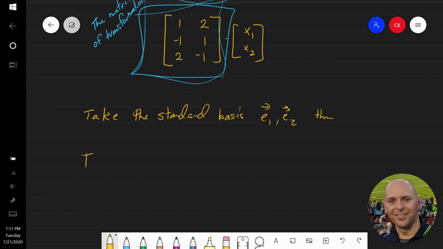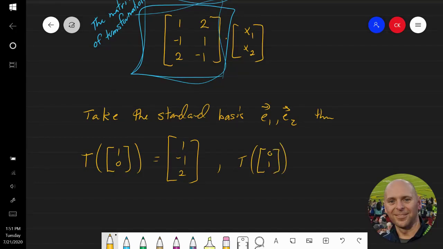Then here's what we get. T of 1, 0 is equal to, if we run it through, 1, minus 1, 2. And T of the other basis vector, 0, 1, is equal to 2, 1, minus 1.